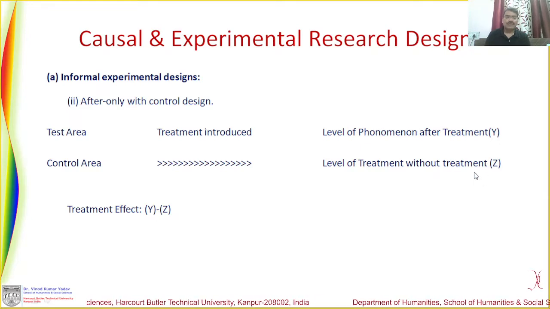So you are only measuring after the experiment, not before experiment. So to what extent your chemical treatment or fertilizer addition would result, that treatment effect can be very simple, and you do it.